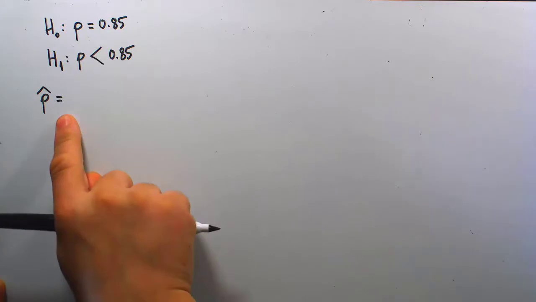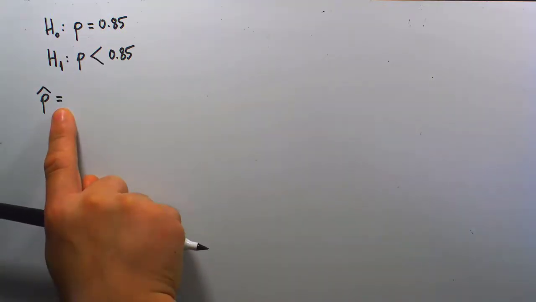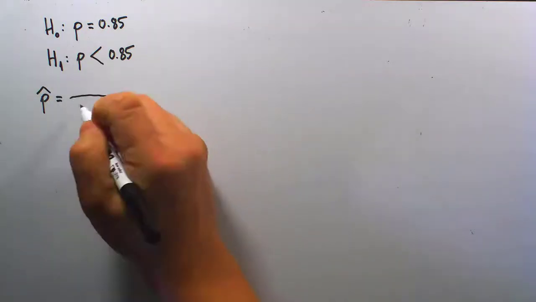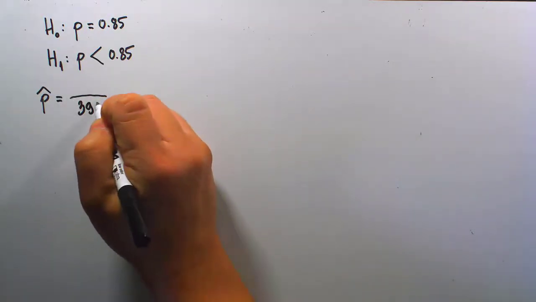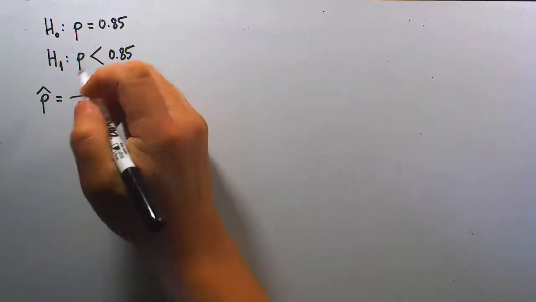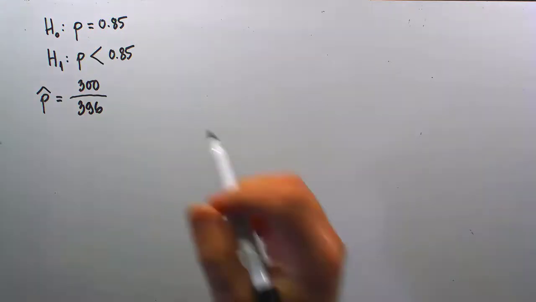If anyone viewing the video notices, this is the exact same sample proportion value that was used in example 1. So in the sample we have 396 cell phone users, and out of 396 cell phone users, we found 300 of them are iPhone users.